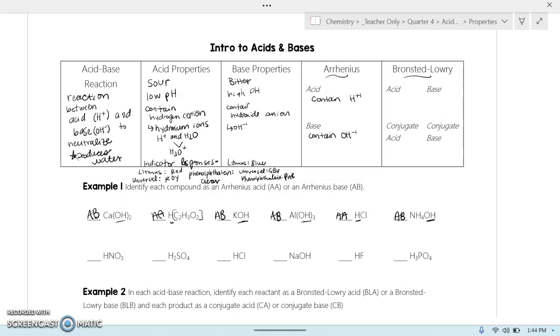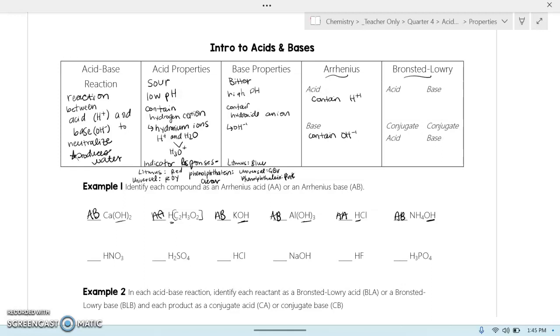The Bronsted-Lowry definition is a little bit broader because the scientist realized that bases can exist that don't just have OH. As long as they are going to be accepting a hydrogen within the reaction, then they can be considered a base.